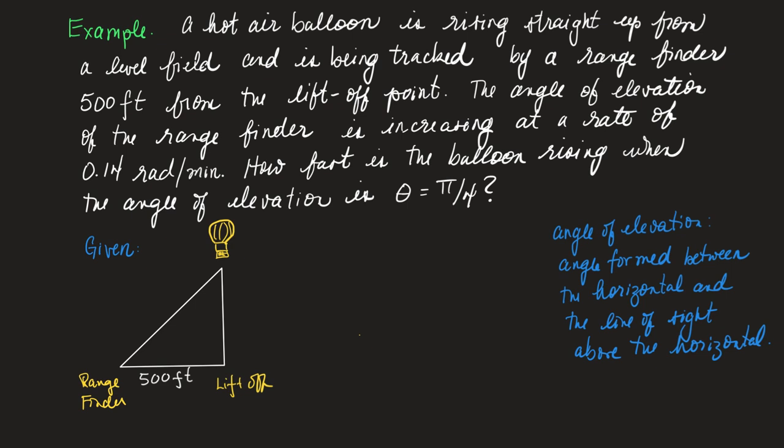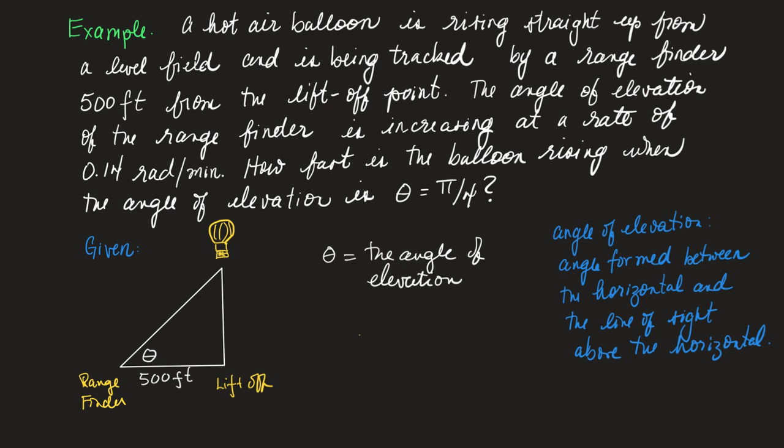In this case, it would be the line of sight of the rangefinder, the thing that's tracking that hot air balloon. So that angle is here, and it is changing, so it needs to be assigned a variable. It's important in our problem. So let's let theta be the angle of elevation.